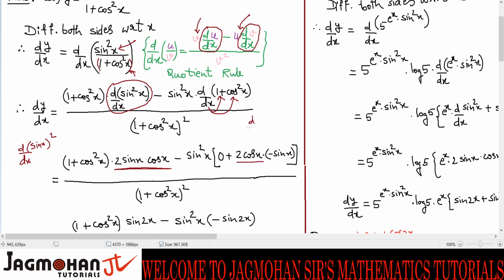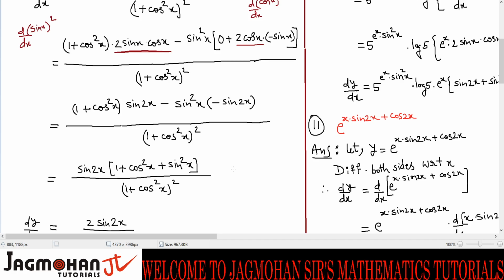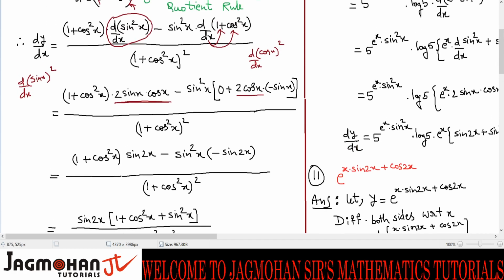Once again, you know the meaning of cos square x? It means cos x the whole square. So what kind of function is this? It is variable raised to constant. And then what is the variable? Is the variable x? No, it is f of x square. So 2 f of x d by dx of f of x, 2 cos x into d by dx of cos x is minus sin x, and then denominator remains as it is.